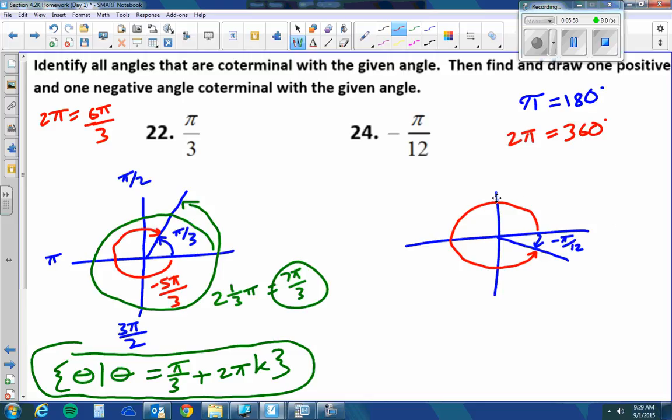So that's this one. There's a coterminal angle. Now, we're supposed to come up with an angle that's coterminal in positive and an angle that's coterminal in negative. My point is, I need to come up with another negative angle. So I just go backwards all the way around, and then a twelfth more. So that's 2 and a twelfth backwards.